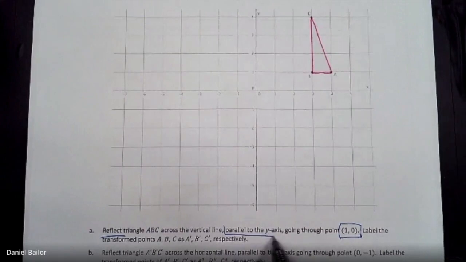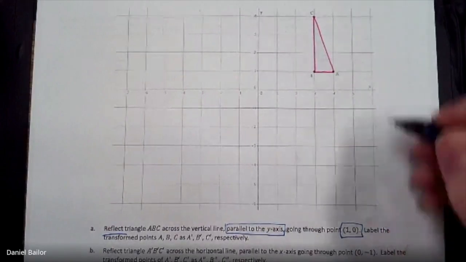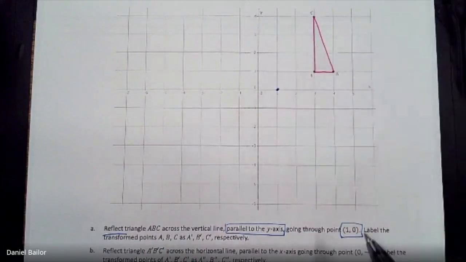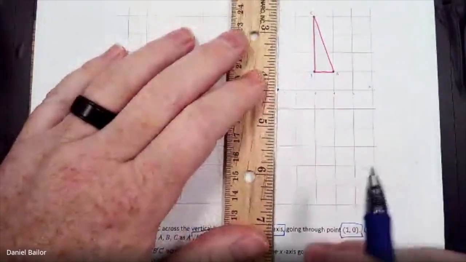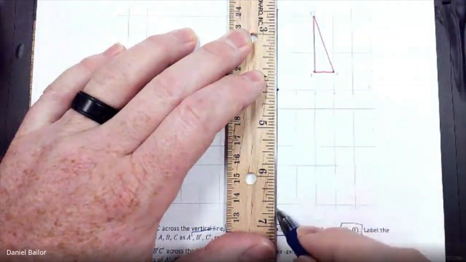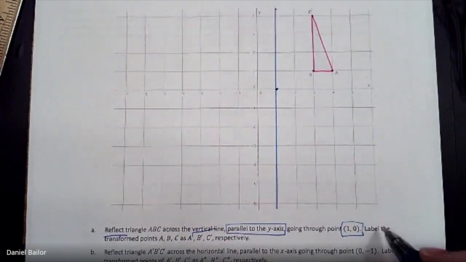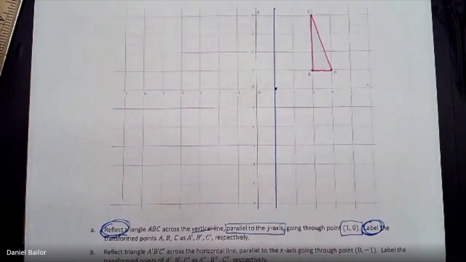So parallel to y and goes through this point. Point 1, 0 is 1 on x, 0 on y, so that's the point, and it has to be vertical, parallel. So for part A, you are going to reflect over that line and label. Reflect and label, and that's the line you use.